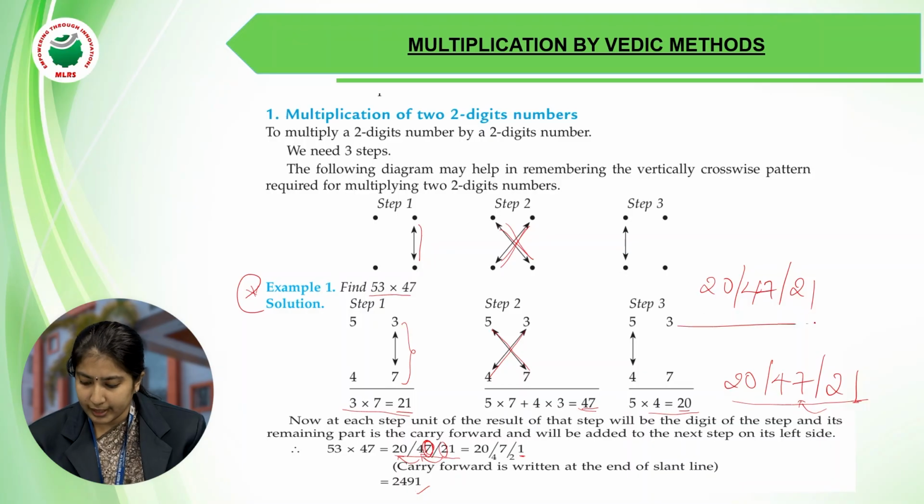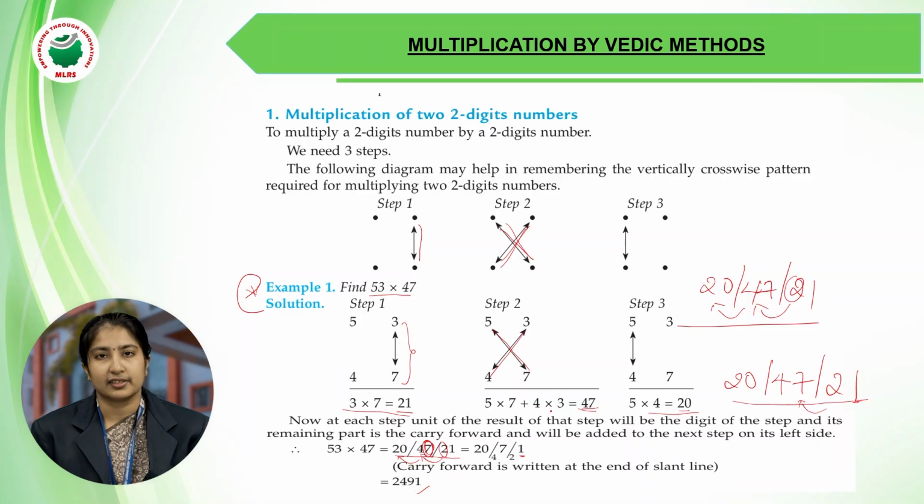Whatever extra digits you get should be added to the next number, provided each number is added to the remaining ones digit of that number. Here in this case 2 is added to 7, and for 20 we are adding 4. So 7 plus 2 is 9, and 20 plus 4 gives you 24, and so the resulting answer is 2491.